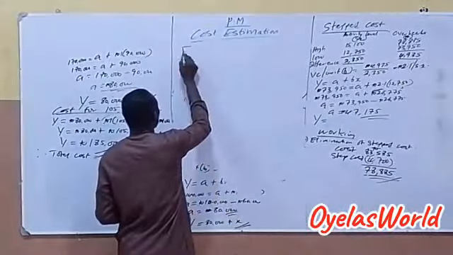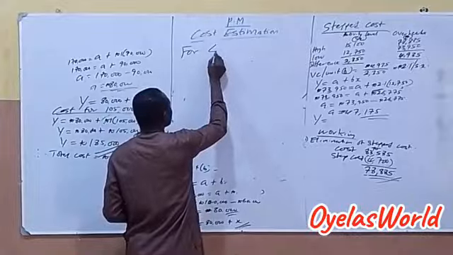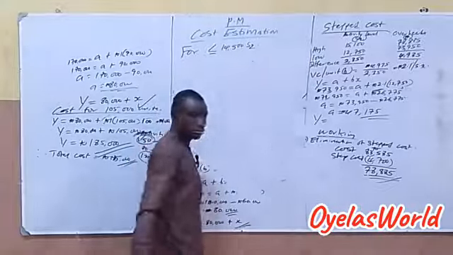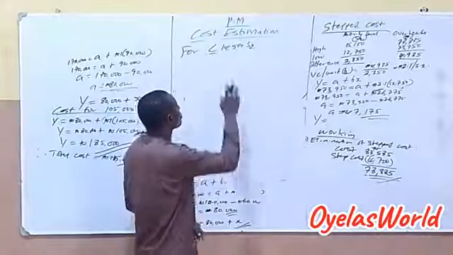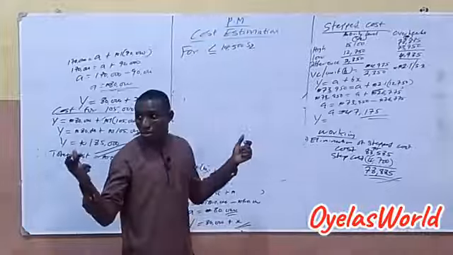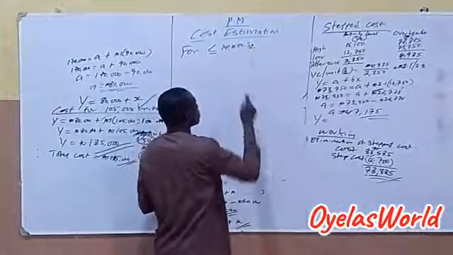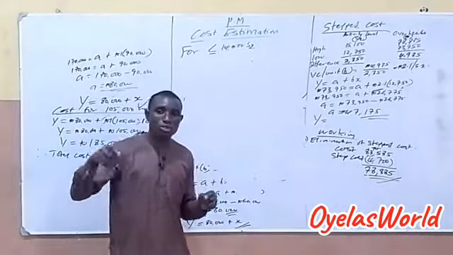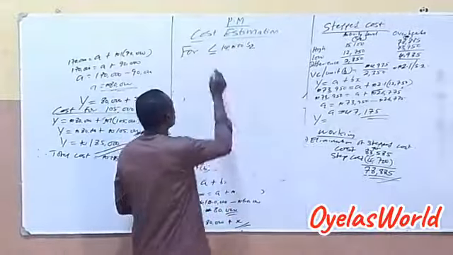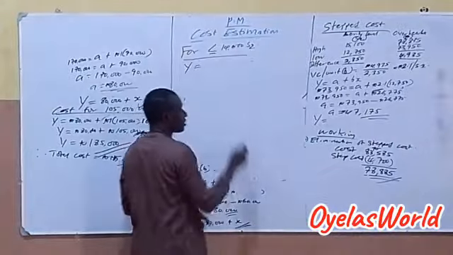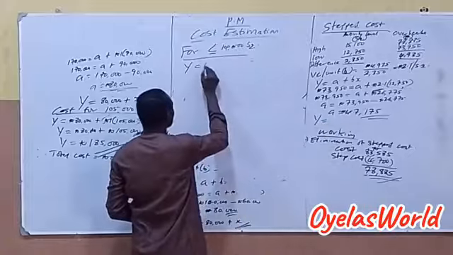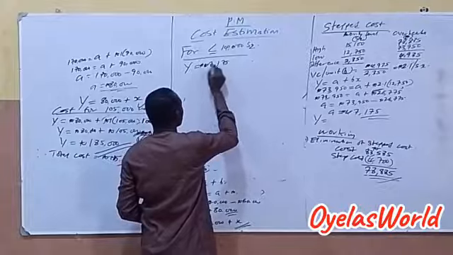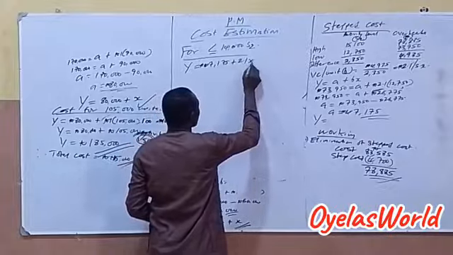Therefore, for anything less than or equal to 14,000 square meters, your y is, what is a? 47,175 plus 2.1x.